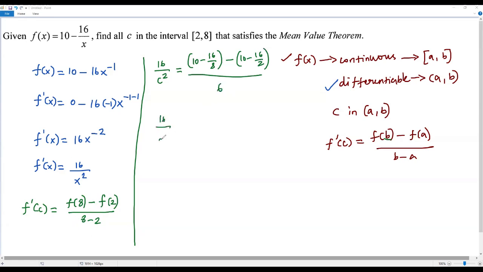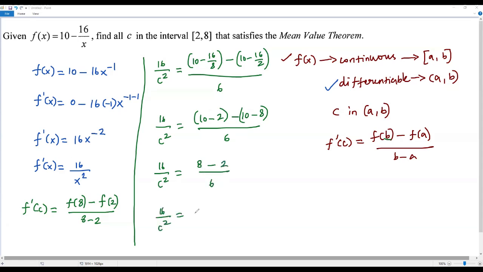So 16 over c square equals 10 minus 2, because 16 divided by 8 is 2, minus 10 minus 8, because 16 divided by 2 is 8, over 6. So 10 minus 2 is 8, and 10 minus 8 is just 2, over 6. Then 8 minus 2 is 6, so 6 over 6, which is just 1.